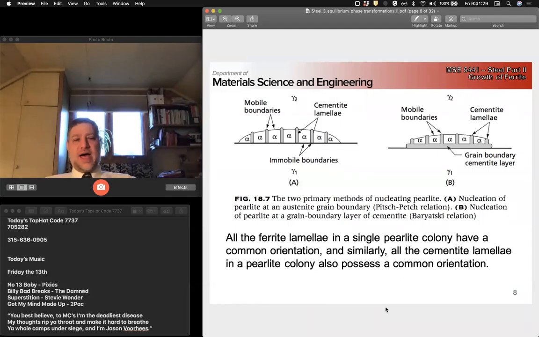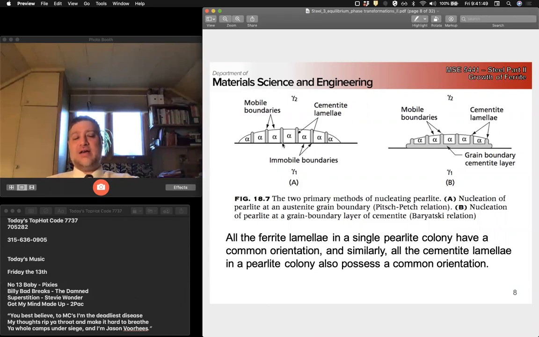So we really have two primary methods for how ferrite can nucleate, right? We can nucleate directly on the austenite grain boundary. So here's austenite grain 1, austenite grain 2, right?